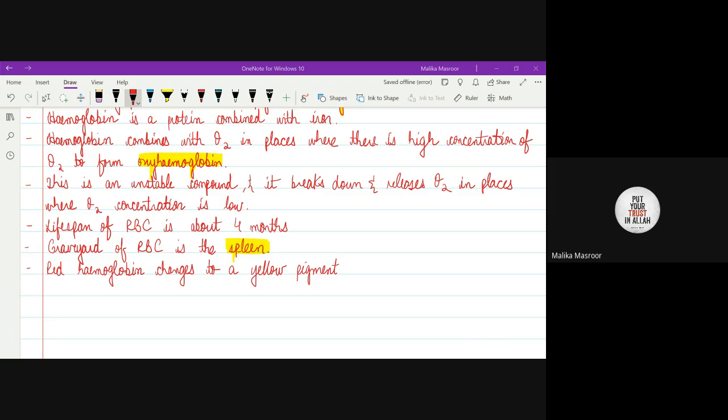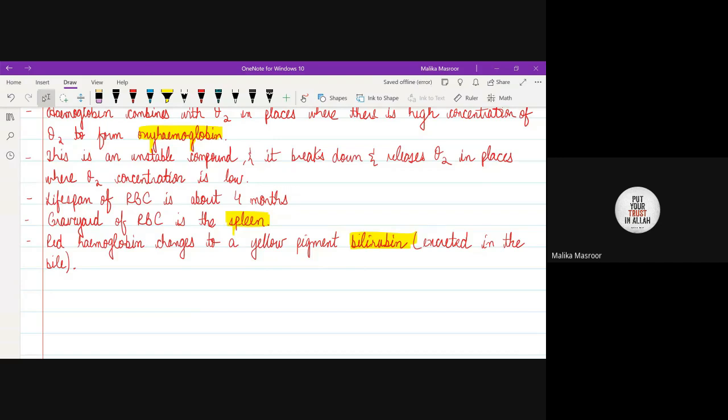It's the graveyard of RBCs. And iron from hemoglobin is stored in the liver, whatever is left off.